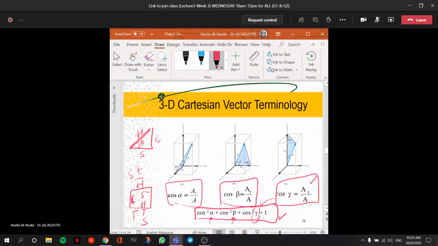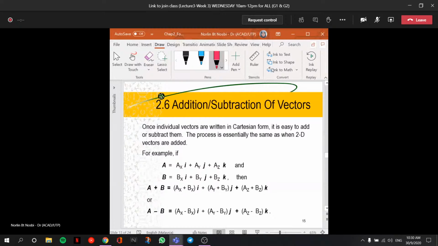Okay, now let us look at the next case: addition and subtraction of vectors. This one you have learned in mathematics and physics. You have learned the Cartesian vector, right? The Cartesian vector is in ijk coordinates. Vector A is AxI plus AyJ plus AzK, and vector B is BxI plus ByJ plus BzK.